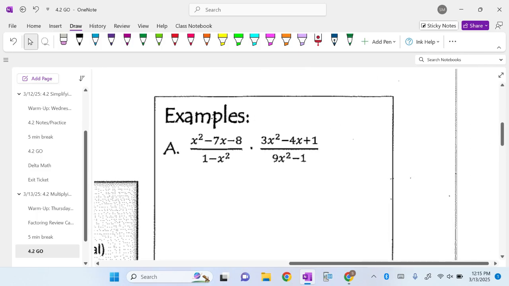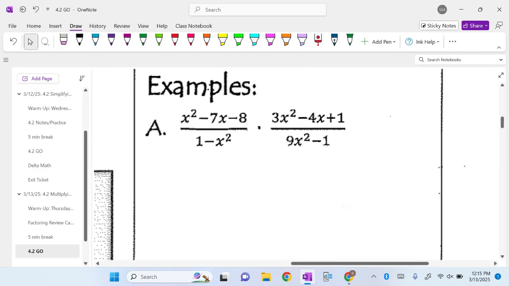So we're just going to jump right into the examples. Before we do anything, before we start doing any crossing, any multiplying straight across, what did we start with yesterday when we were simplifying rationals? We always did what first? So when we simplified rational expressions yesterday, what did we always do first?